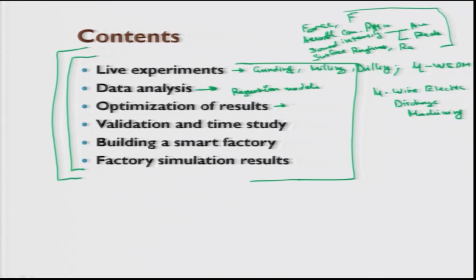So, after optimization is carried out using artificial bee colony algorithm, ABC algorithm. Then validation and time study. Validation is again live experiments.